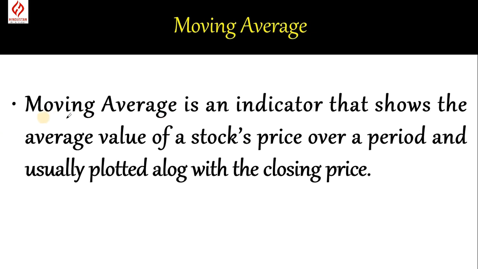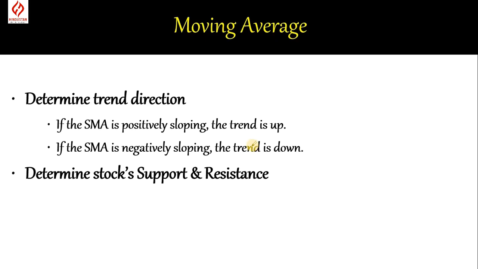So now let's see the meaning of moving average. Moving average is an indicator that shows the average value of a stock's price over a period and is usually plotted along with the closing price. We will take closing price of every day and whatever time frame that we are using, divided by the number of days, right? That is how we calculate a simple moving average, and in the exponential moving average, more weightage is given to the latest price.